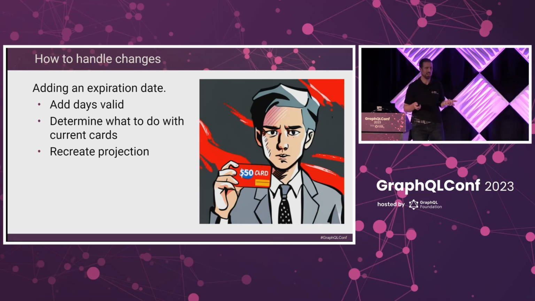So we need some way to set a default validity of maybe a year. And then we can, on the query side, recreate the projection and of course also add that field to the command. And maybe we want to have some grace period where we still accept commands that don't have any validity.